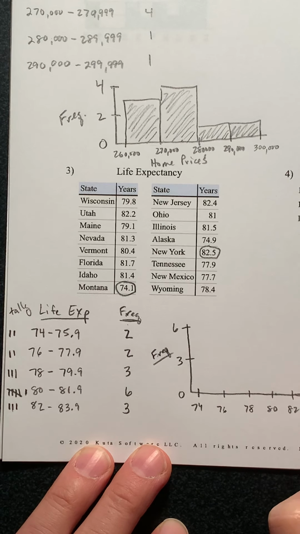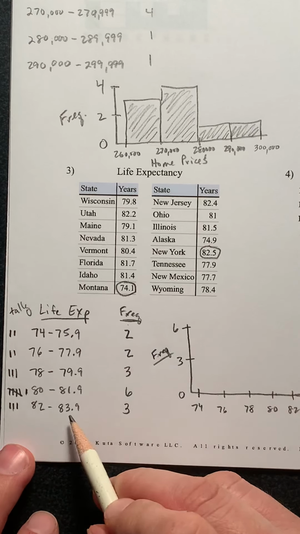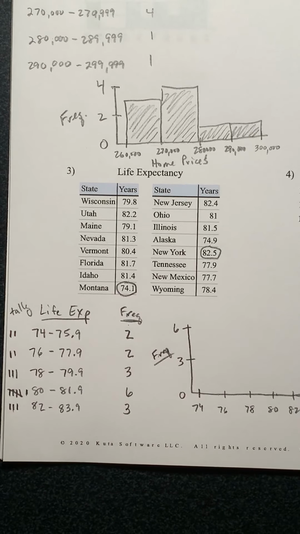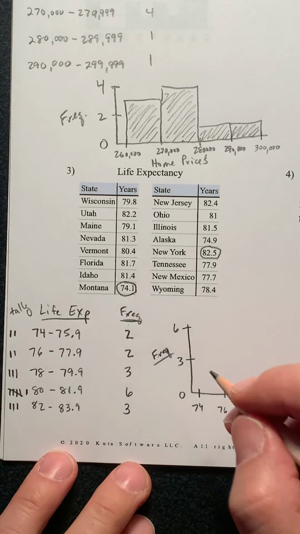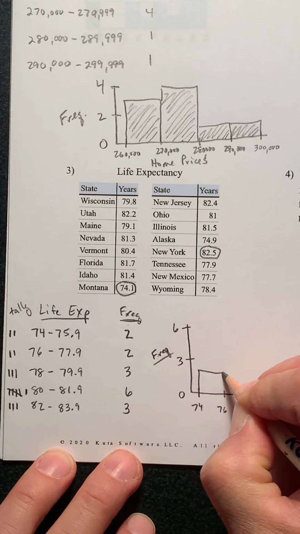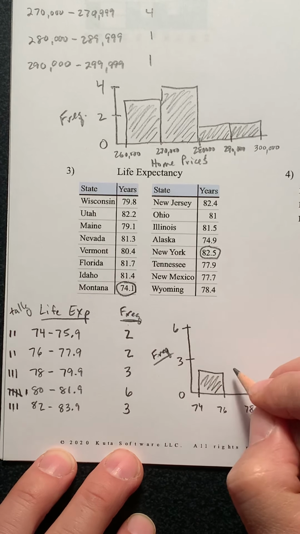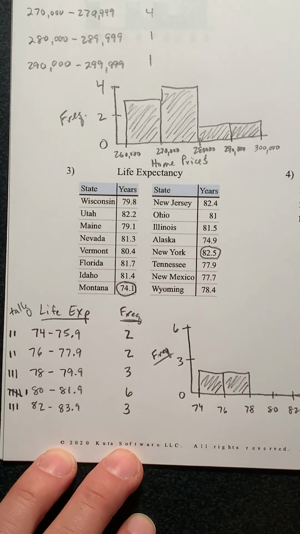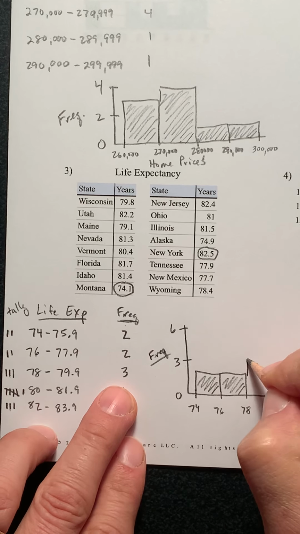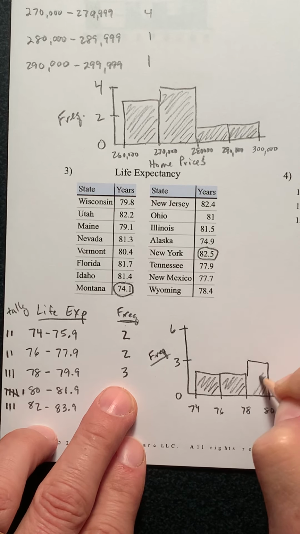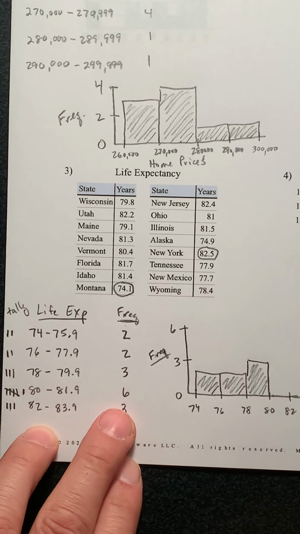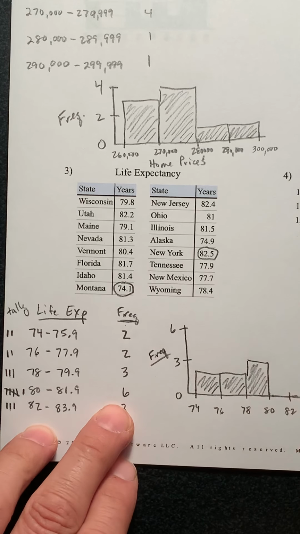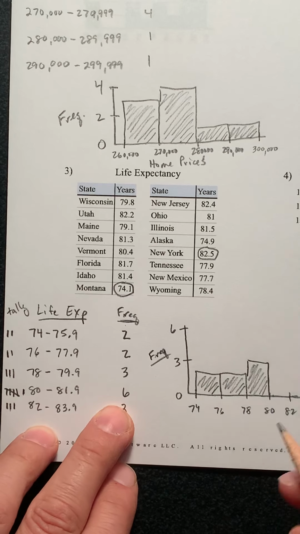And in this case, we want to actually go just to the next interval where it would start, so we are able to make our bar the right width. And we're going to make our histogram have a height of 2, a height of 2, a height of 3 for the 78 to 79.9 group.